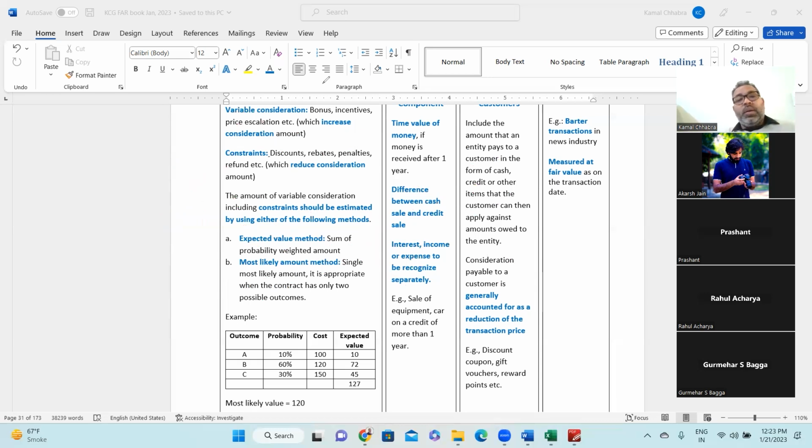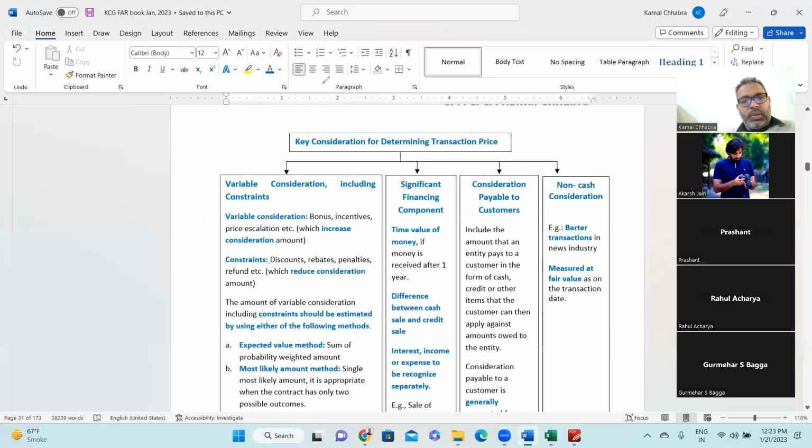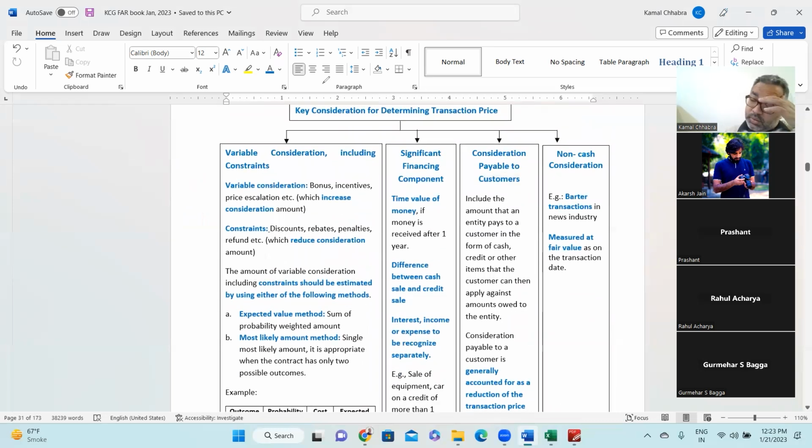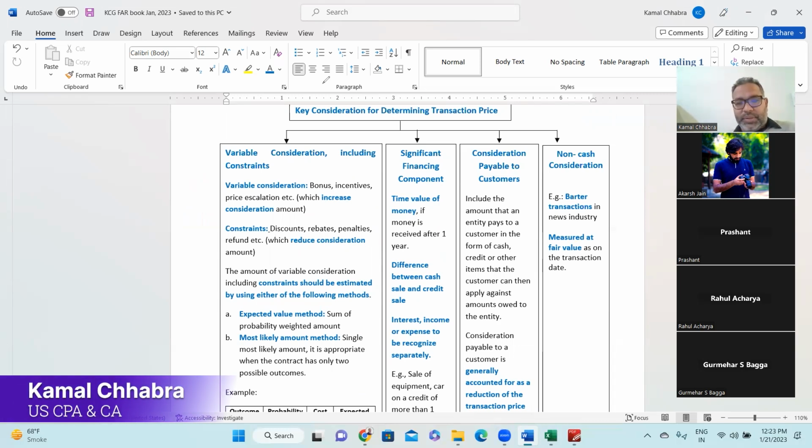Cool. Okay, so this is about variable consideration and constraint to variable consideration, including both the methods to calculate variable consideration, which are the expected value method and the most likely method.